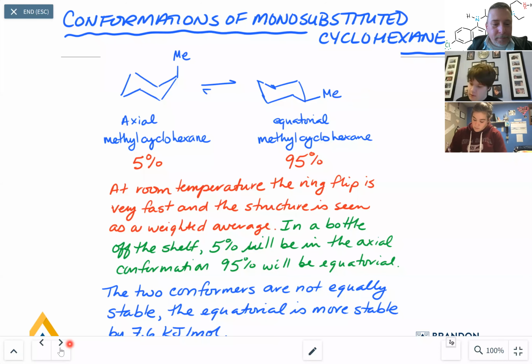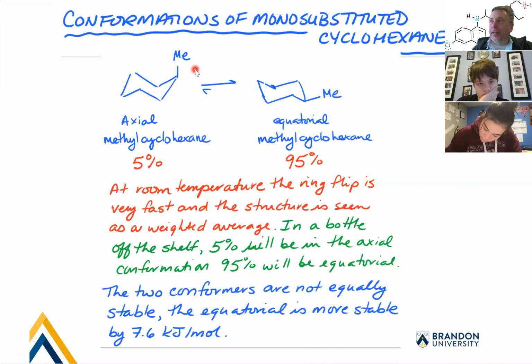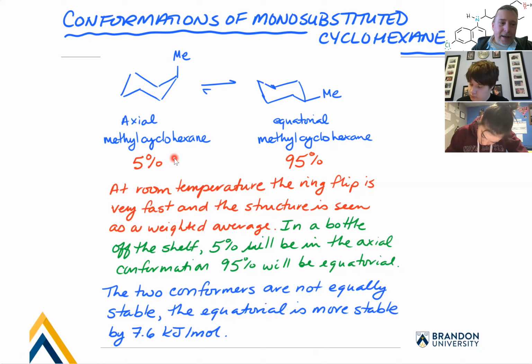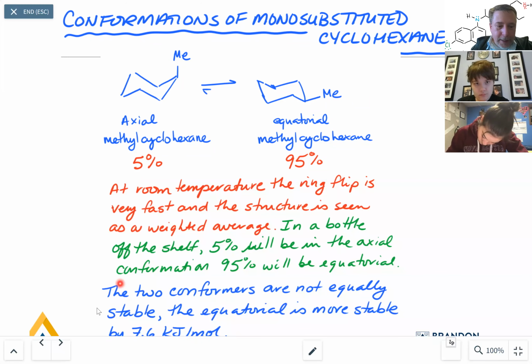So why is this group in the equatorial position more stable than this group in the axial position? The answer to this basically lies with the Gauss conformation of butane when we did that.